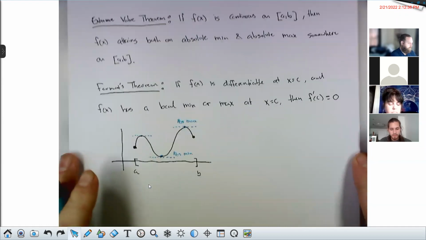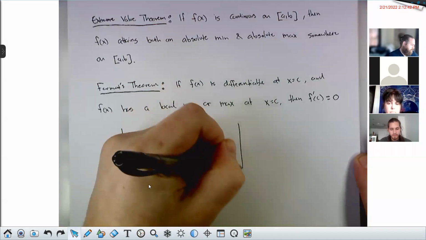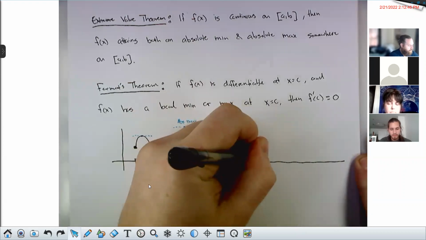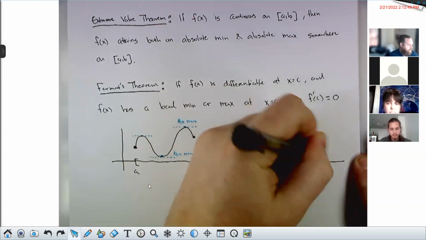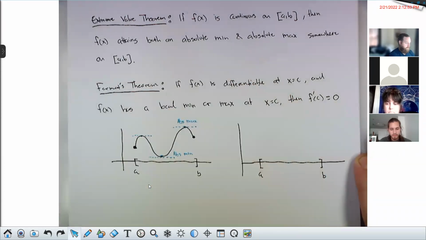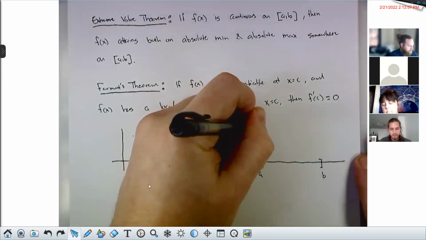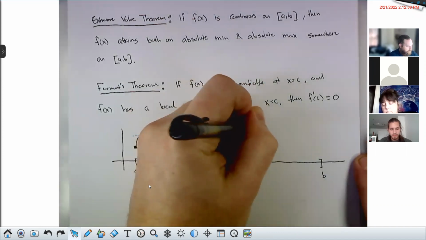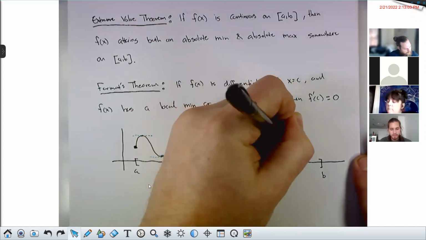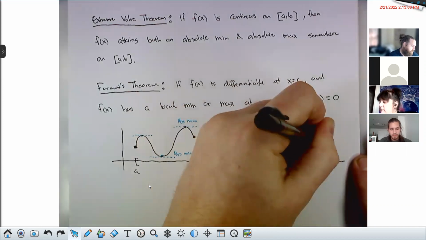Now, another possibility is that one or even both of the absolute extrema could come from an endpoint. So let me illustrate this.